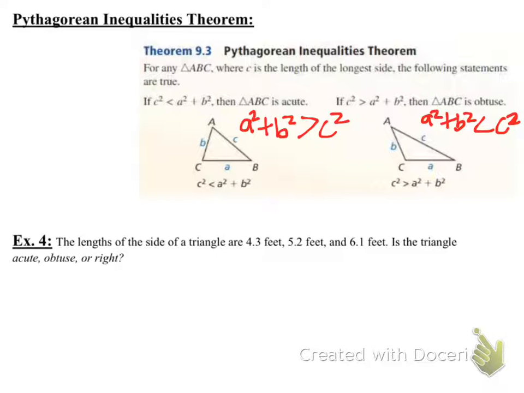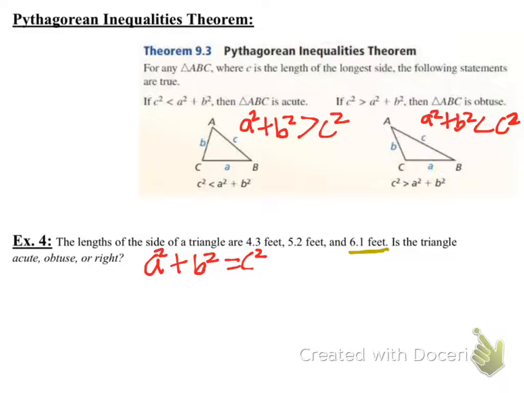So we want to use a squared plus b squared equal to c squared here. And we want to see if it's true. So again, the most important part to know is C. Here's C. It's the largest side.